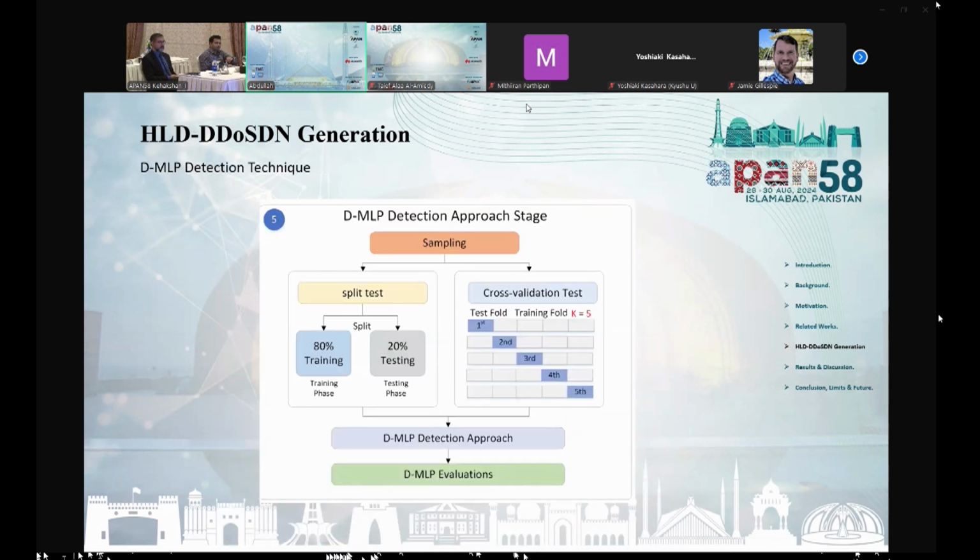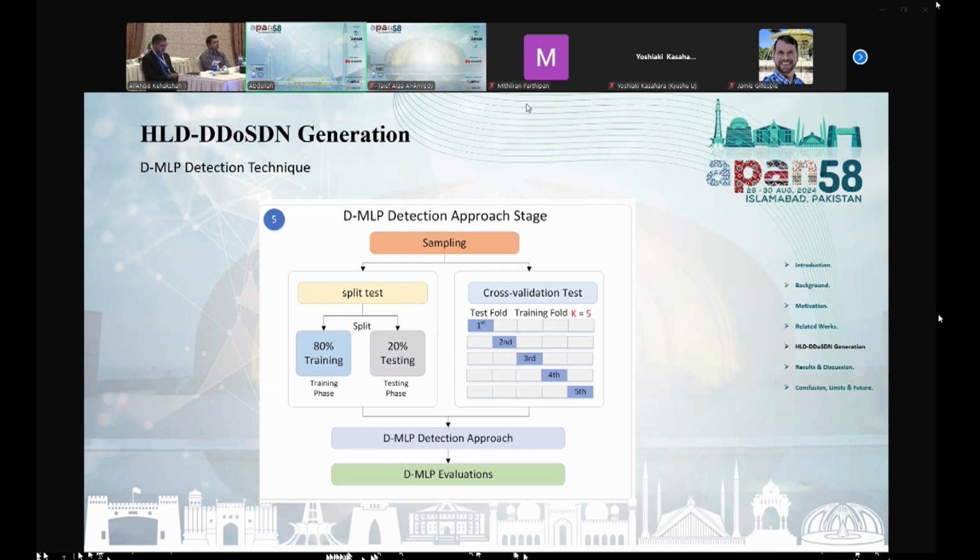At this stage, the dataset samples are applied to the proposed deep learning multi-layer perceptron detection approach. Two testing techniques are considered for assessing the detection approach generalization. First, the split test technique divides the dataset into sufficiently large portions: 80 percent for the training set to enable the model to learn diverse patterns, and 20 percent reserved for the testing set for evaluating the model performance on unseen data.